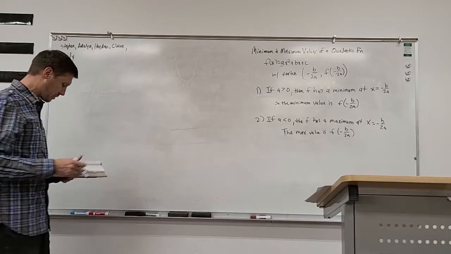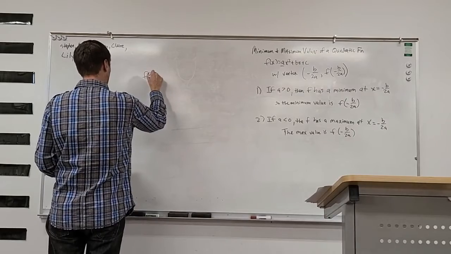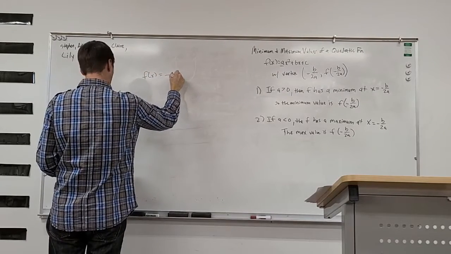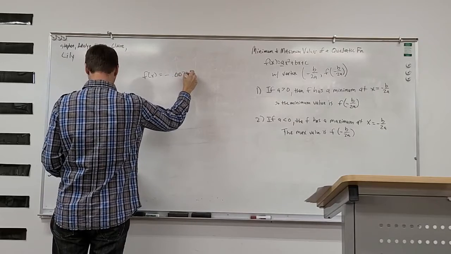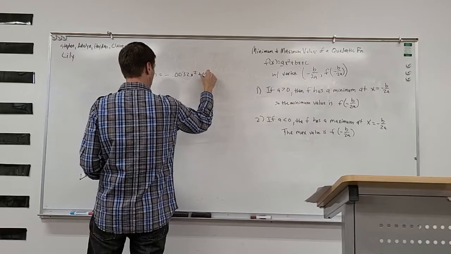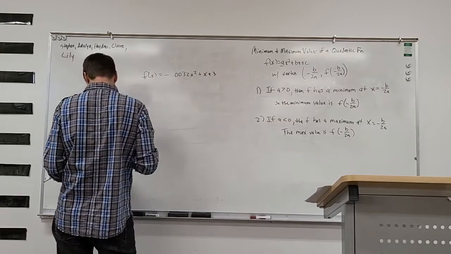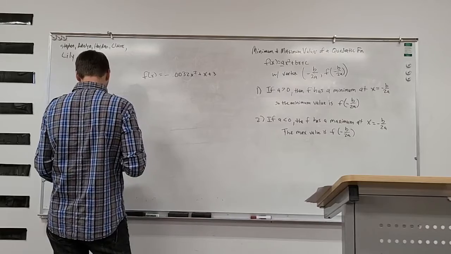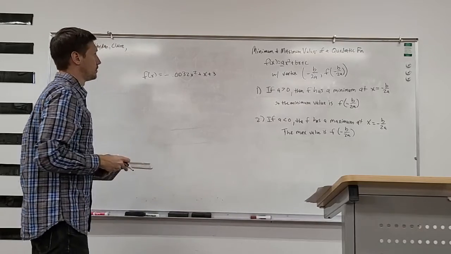The path of the baseball is given by this function, f of x equals negative 0.0032 x squared plus x plus 3. They give us a quadratic equation, and they ask, what is the maximum height reached by the baseball?